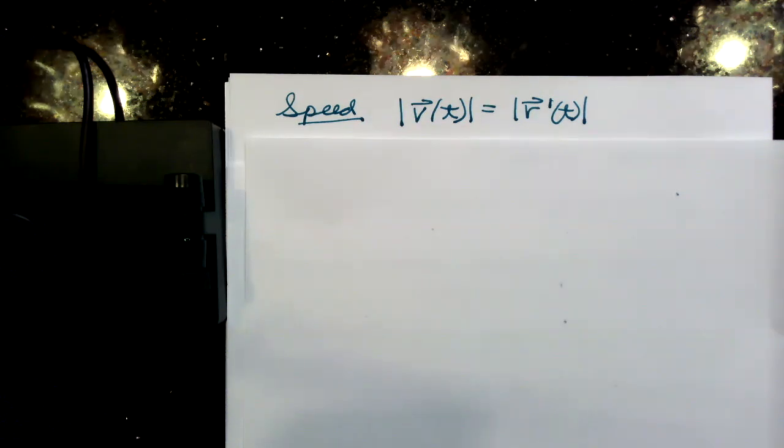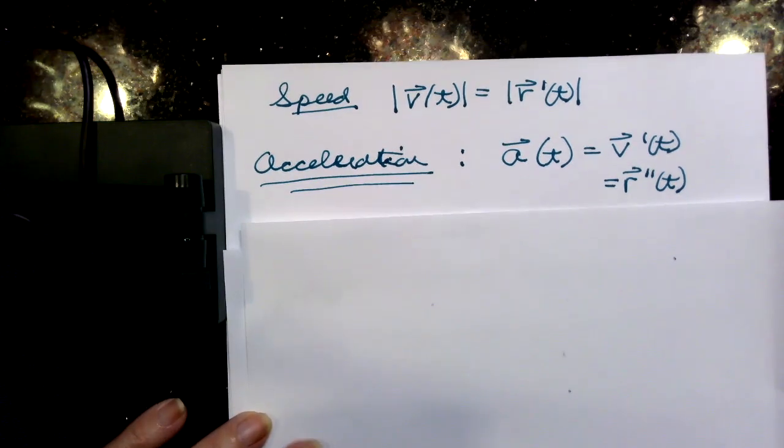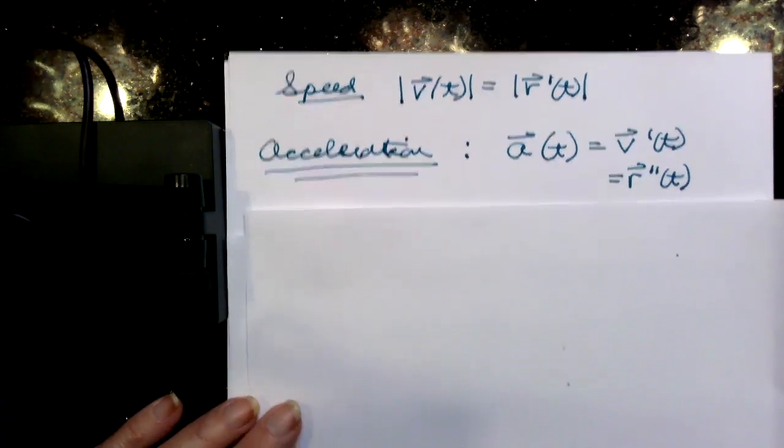Okay, so that's what we do. So that's the speed. It's the length of the velocity vector. And just like before, the acceleration is the rate of change of velocity. So a of t is just the derivative of v, which is the derivative of r prime, that is the second derivative of r.